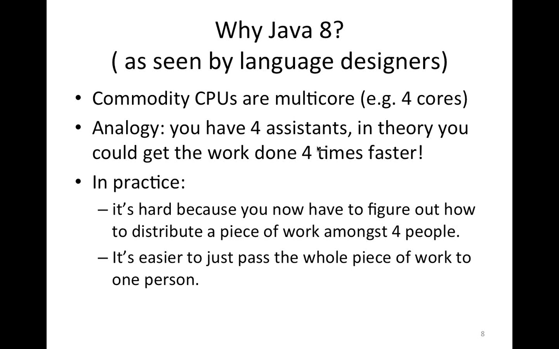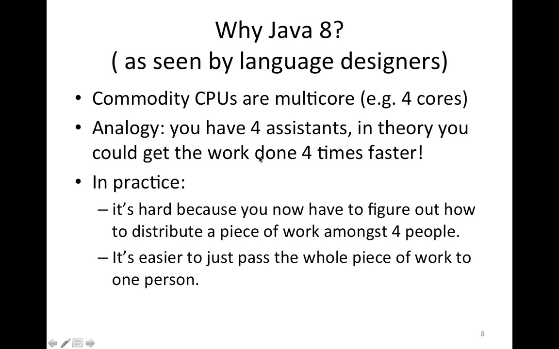What if you have to involve 4 assistants to make your coffee? Theoretically, the coffee could be made 4 times faster, right? Unfortunately, now you need to manage those 4 assistants. You need to figure out who is going to hold the cup of coffee, who is going to be in charge of using the machine, who's going to press the button, how do we synchronize all those people together? So it takes a lot more effort to figure that out.